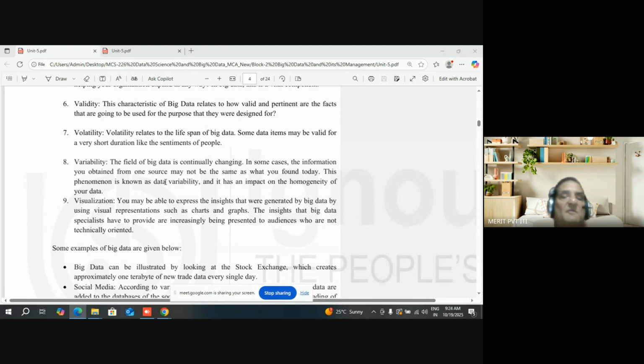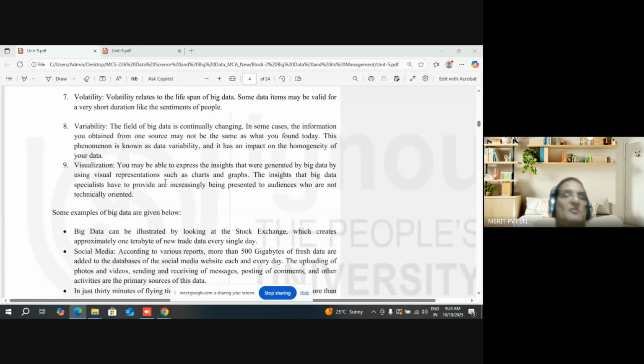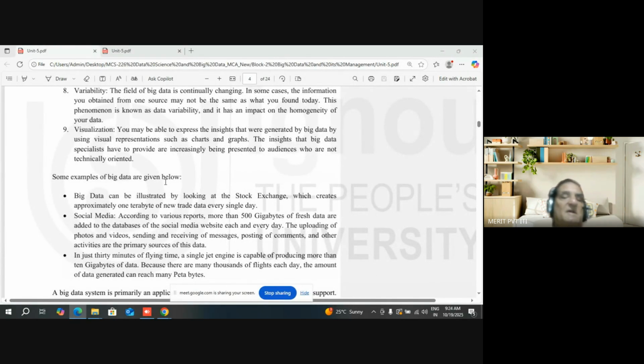Variability, the field of big data is continuously changing. In some cases, the information you obtained from one source may not be the same as what you found today. So that's the visualization. You may be able to express the insights that were generated by big data by using visual representation.